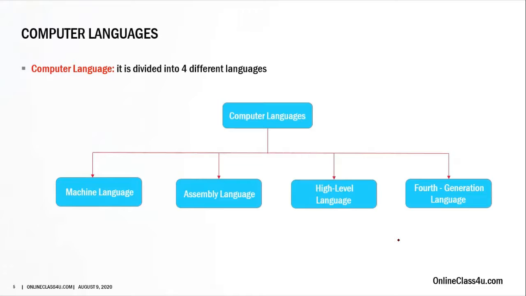Now come to assembly language. Assembly language uses mnemonic codes or symbols in place of 0 and 1.